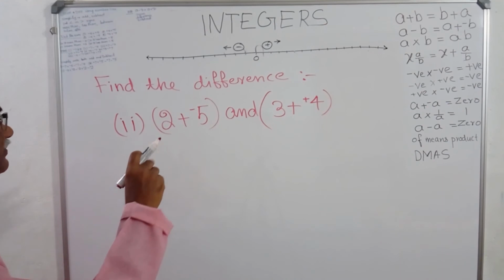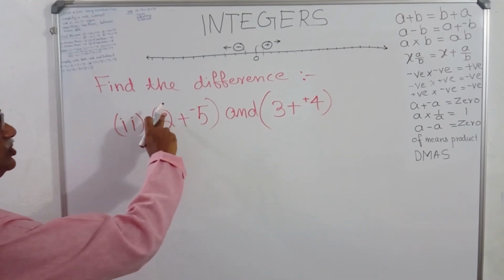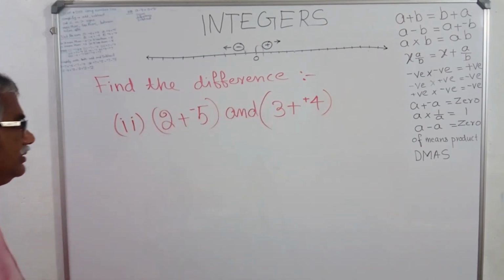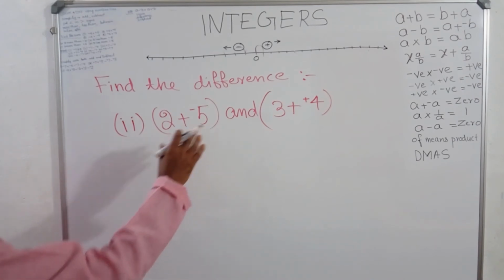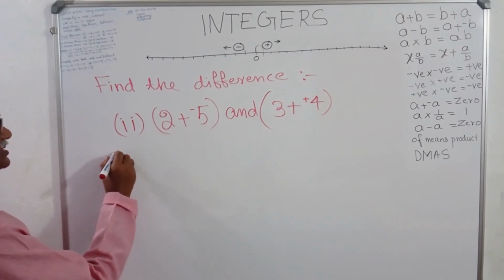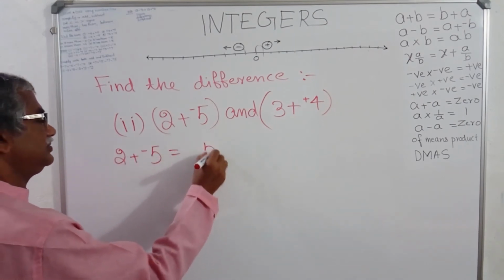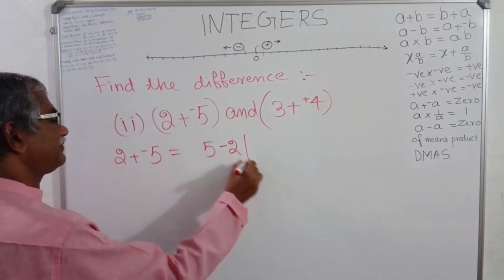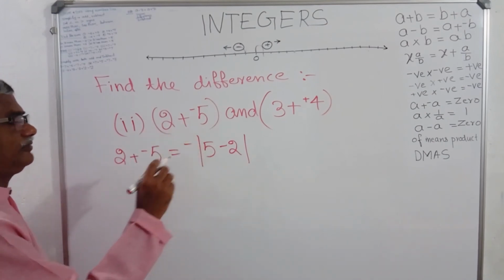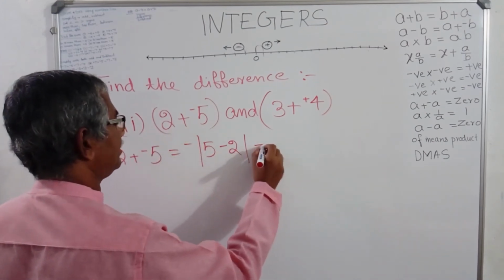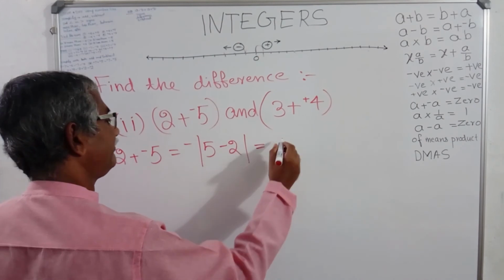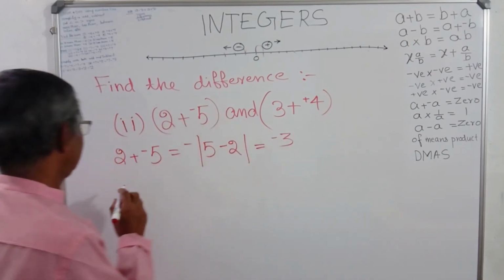Here purposefully I didn't write the plus sign with 2 and 3, which means both are positive. Consider 2 plus -5. One is negative, the other is positive. Taking the difference of absolute values, put the sign of the larger absolute number, you are getting -3.